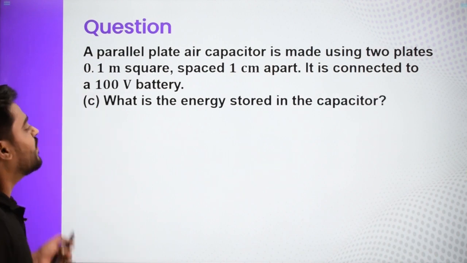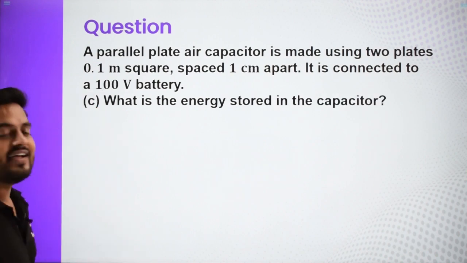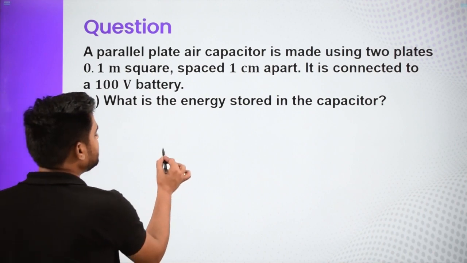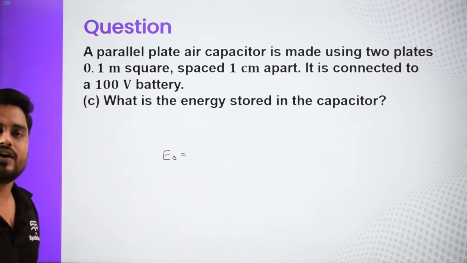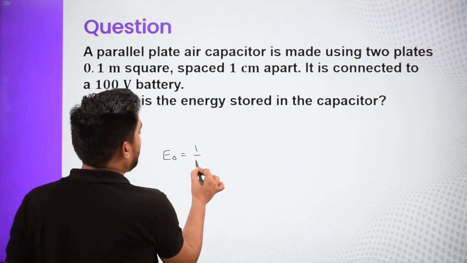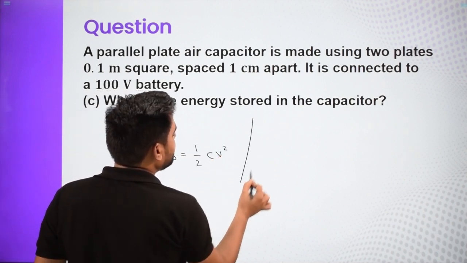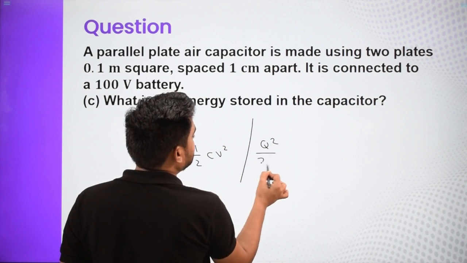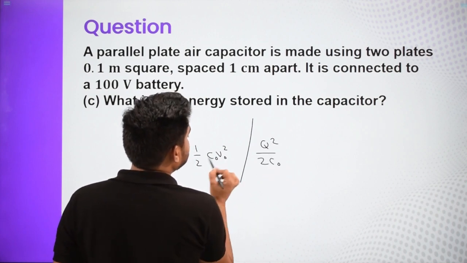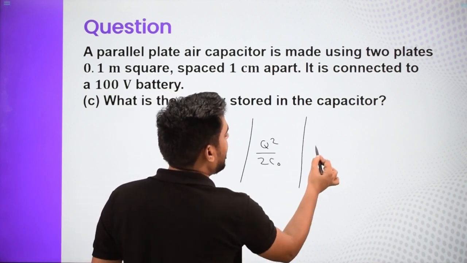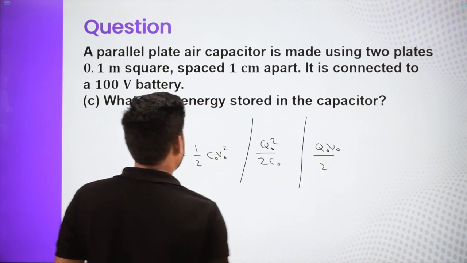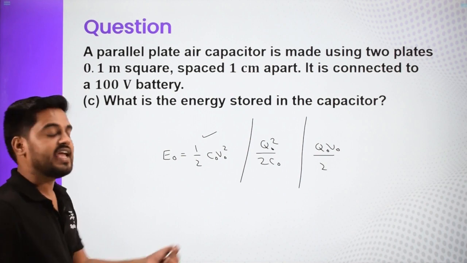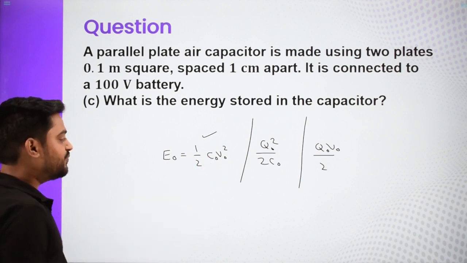Now next is what is the energy stored in the capacitor. Let us say that the energy stored in the capacitor is E naught. We can apply half C V squared, or Q squared by 2C, using C naught, or Q V by 2. I am going to choose this one because I have capacitance and potential difference.